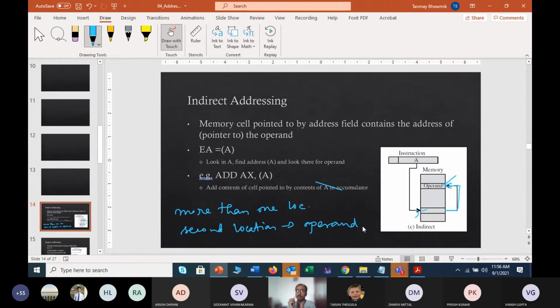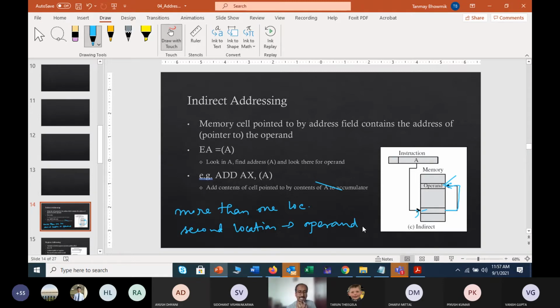You are accessing your room. You found that in your room no data is there, but another location address is stored. So you will move to that second location. Then in the second location you are getting this data. That means it is indirect addressing, right? So how many memory references are you using? First one is one location and second one is another location. So more than one memory reference you are using, right?